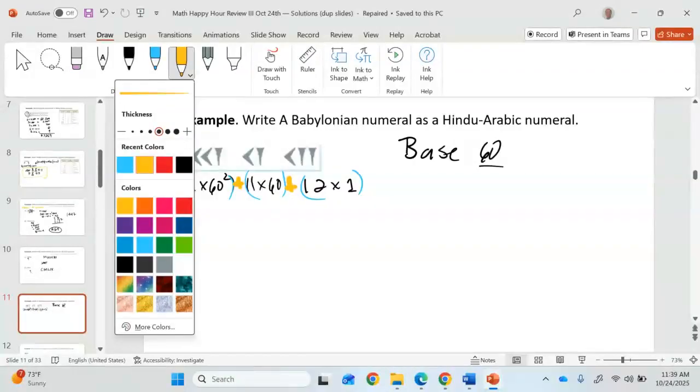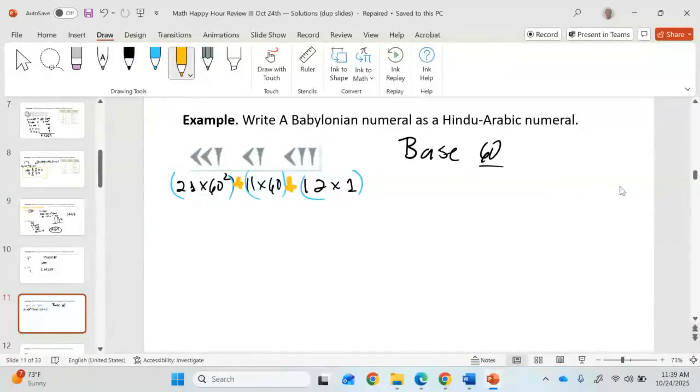Let me make this smaller because it's huge. Okay, so this is going to be 12 plus 11 times 60, which is 660. And then 21 times 60 squared.